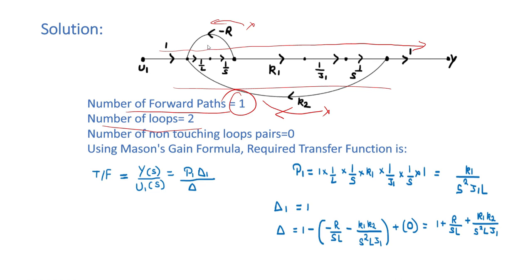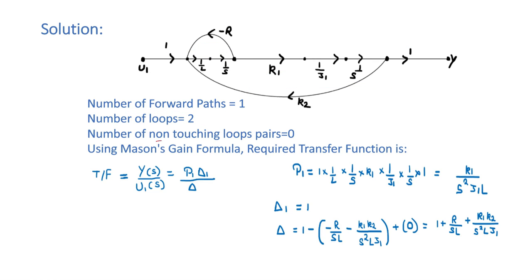This is your loop 1, this is your loop 2, and there are no further loops, so the number of loops is equal to 2. Now the number of non-touching loop pairs. You can see that these two loops have some common nodes. Therefore, the number of non-touching loop pairs is equal to 0.